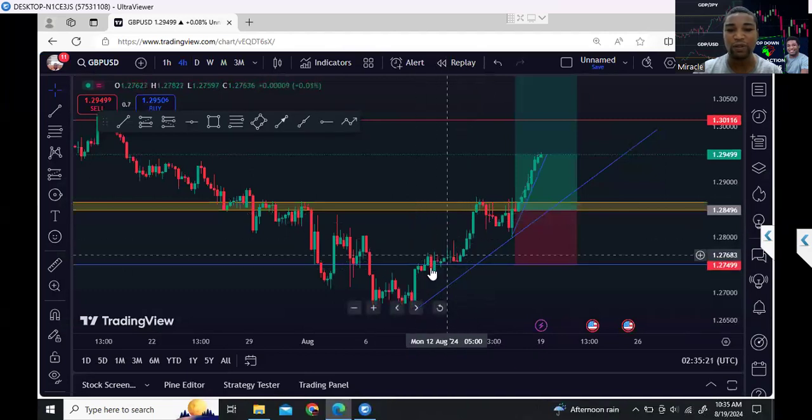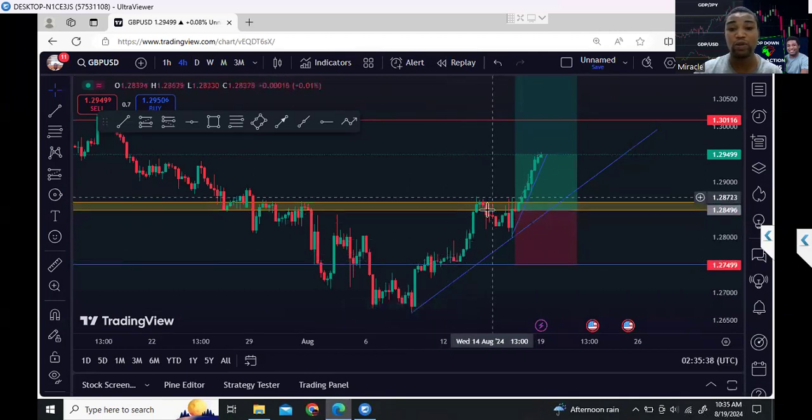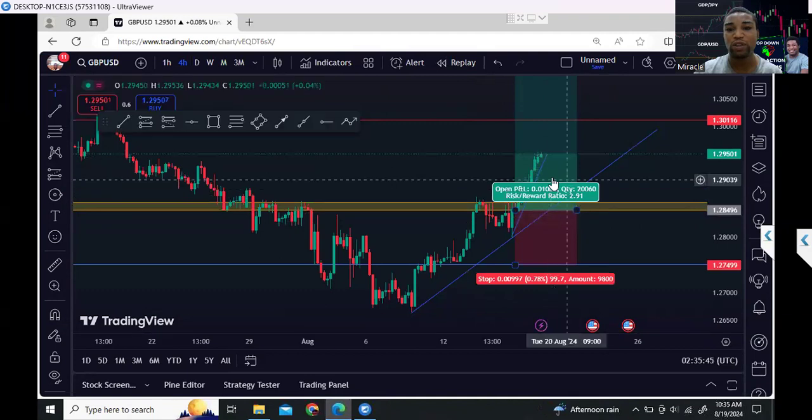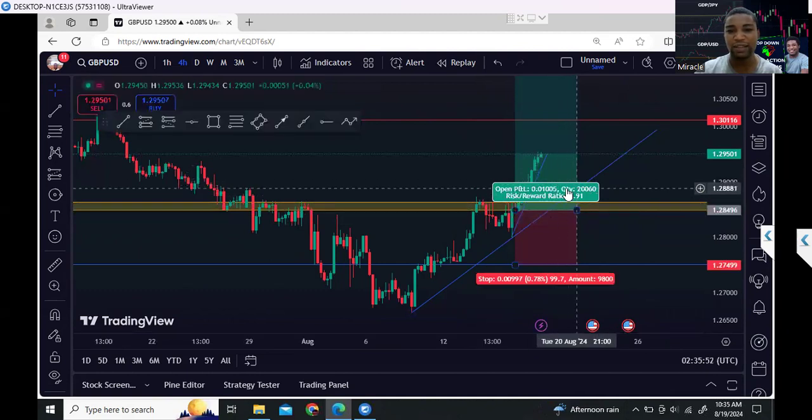Remember, 12 to 14 4-hour candles formation at this place, then 12 to 14 4-hour candle formation at this place. So I'm expecting the market to give me another 12 to 14 4-hour candle formation at this place, at least to retest this trend line as the third touch of the trend line.